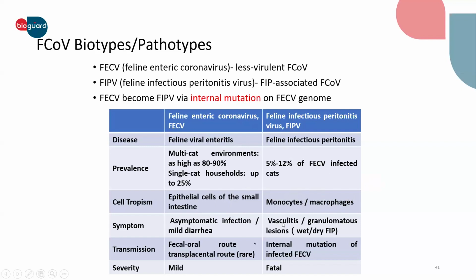And it causes vasculitis or granuloma lesions. That's what we also call wet and dry form FIP. So the transmission is through the internal mutation of infected FECV, and it's fatal.